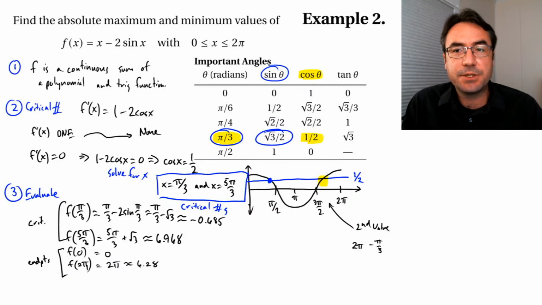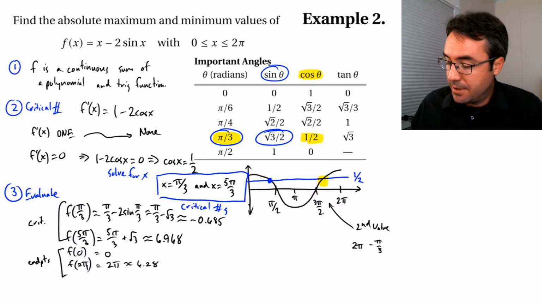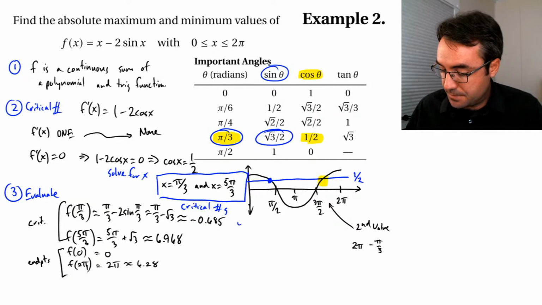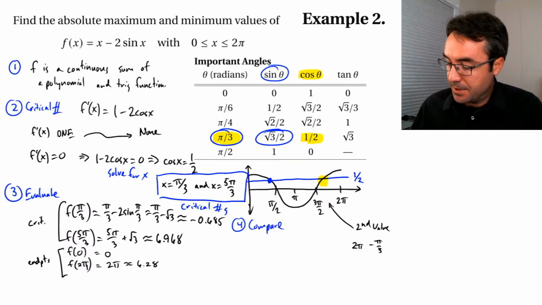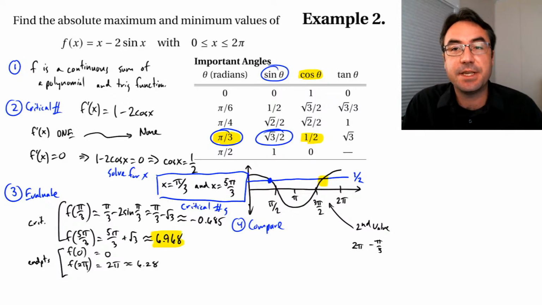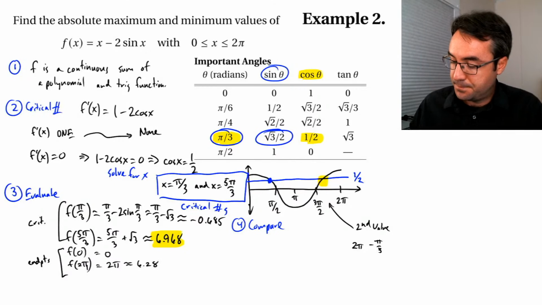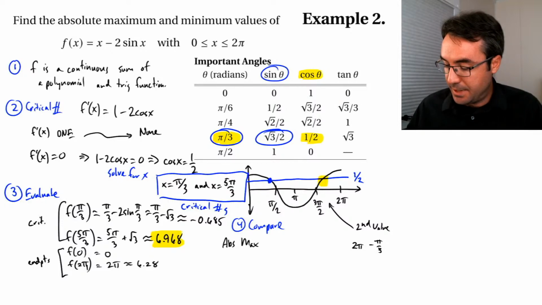What we want to do is identify the largest and the smallest of those values. The largest is 6.968. So the absolute max is 5 pi over 3 plus square root 3, and that occurs at x equals 5 pi over 3.